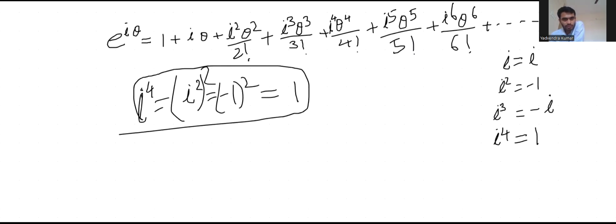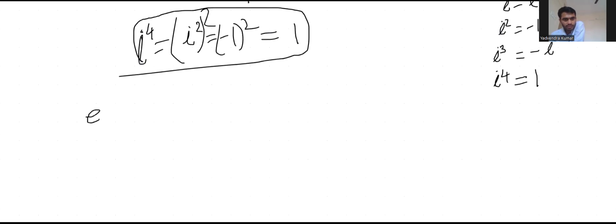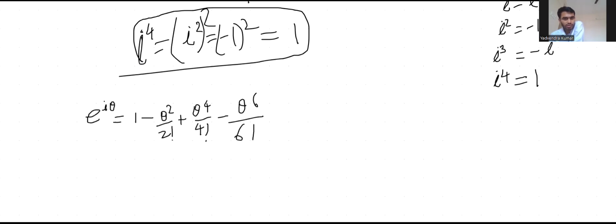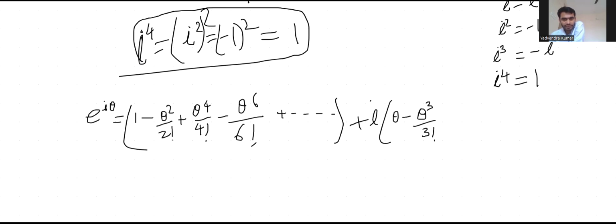Now this e to the power iota theta, if we simplify the series, is going to be 1 minus theta square by 2 factorial plus theta to the power 4 by 4 factorial minus theta to the power 6 by 6 factorial and so on, plus iota times theta minus theta to the power 3 by 3 factorial plus theta to the power 5 by 5 factorial, and so on.